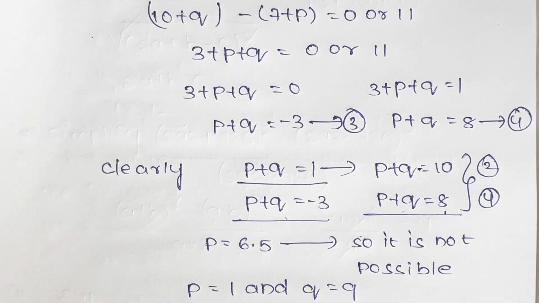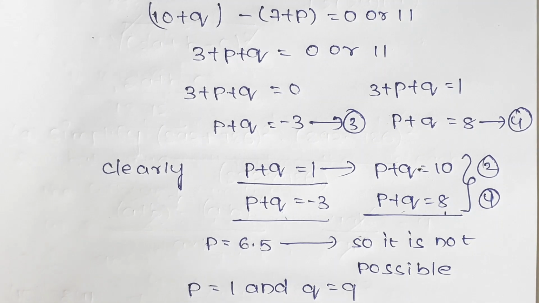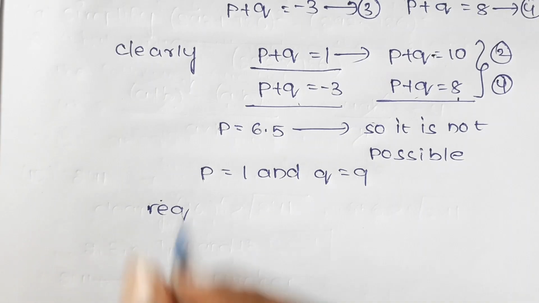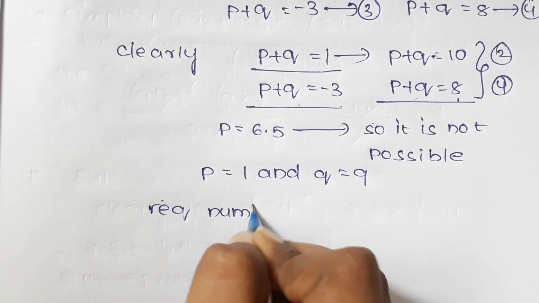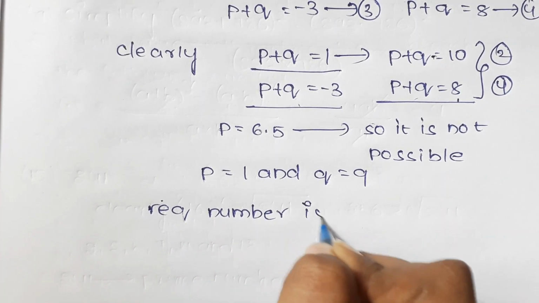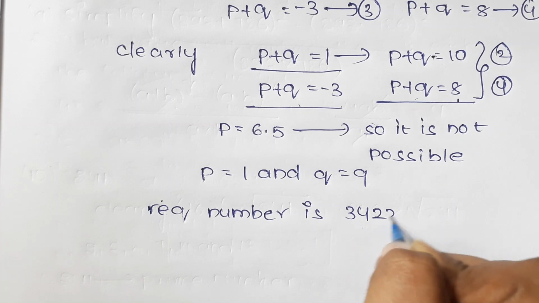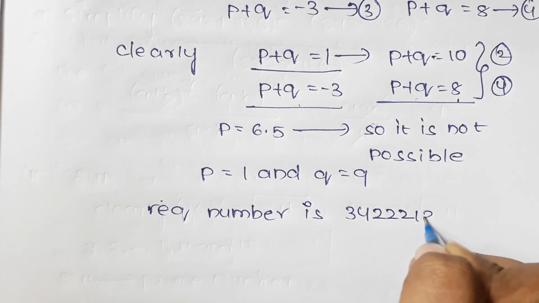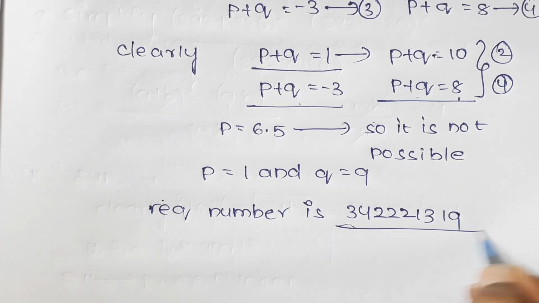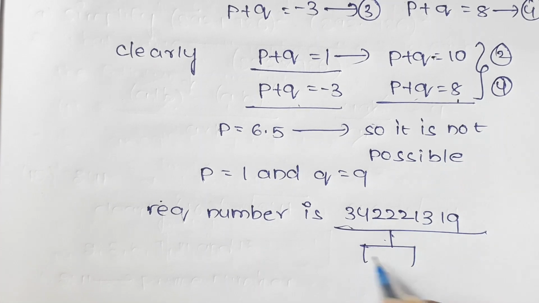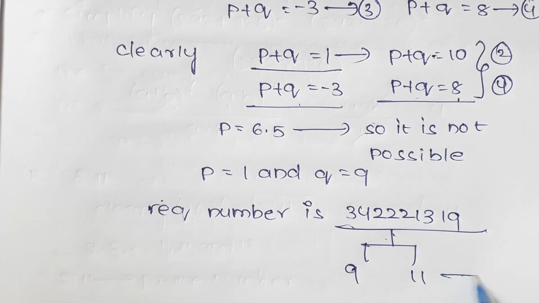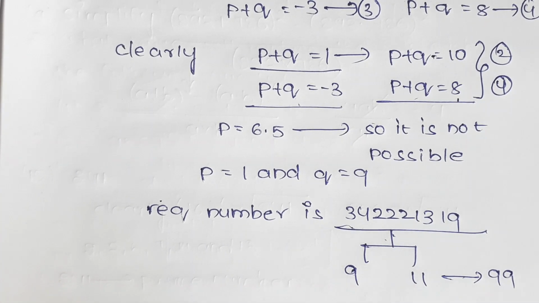And now the required number is 34221319, and this will be divisible by 9 and 11, that is 99 also. And this is one of the questions.